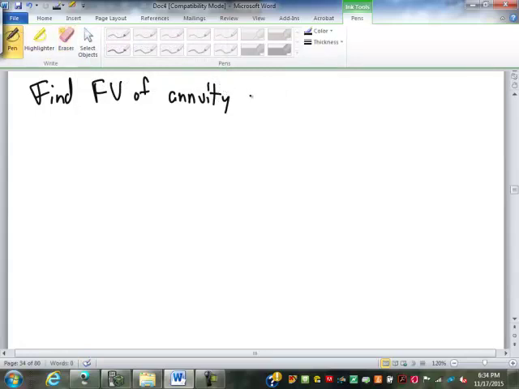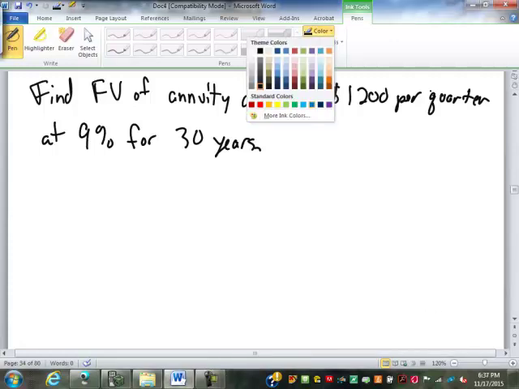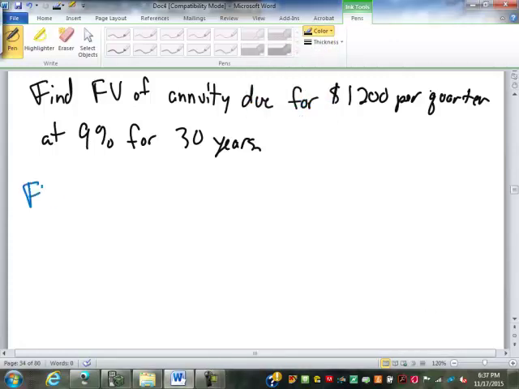Find the future value of an annuity due for $1,200 per quarter at 9% for 30 years. So find that for me. So we're going to get a future value.